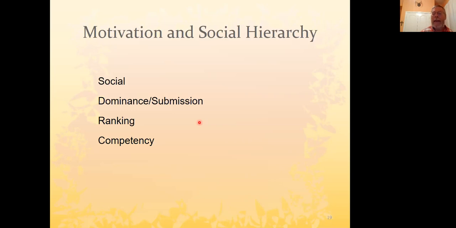So what we tend to see in chimpanzee troops is that the top male that lasts longer as the leader is one that tends to be more social, as well as maybe having some of those power characteristics.